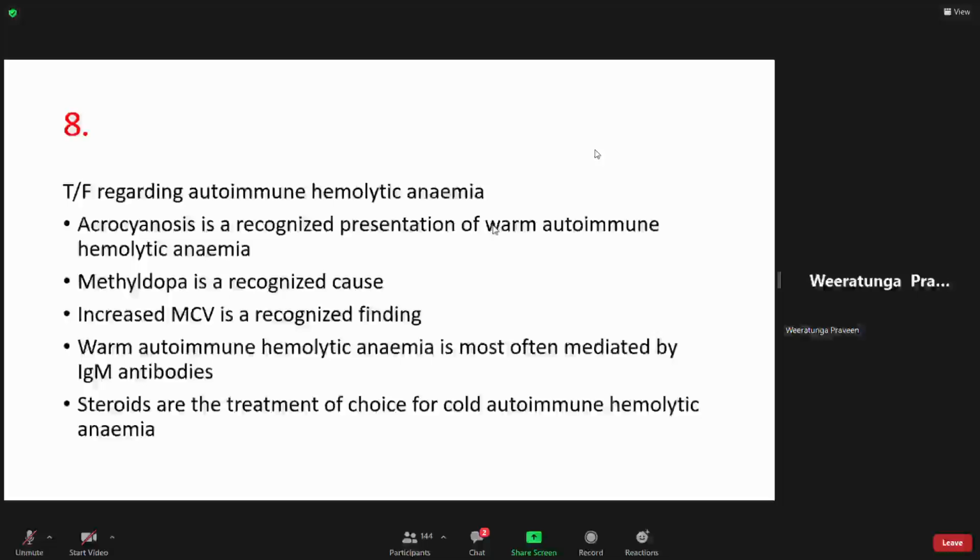Another reason for increased MCV is, remember, when there is hemolysis, the bone marrow starts going crazy with increased proliferation. When there is increased proliferation, it uses up a lot of folate, right? So you can get a secondary folate deficiency, and that can cause a macrocytosis also.